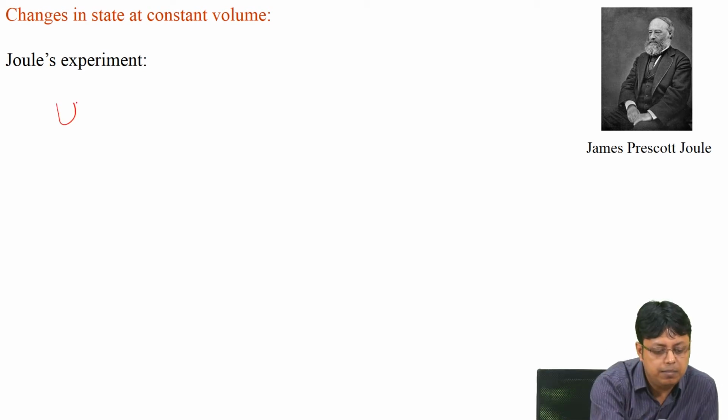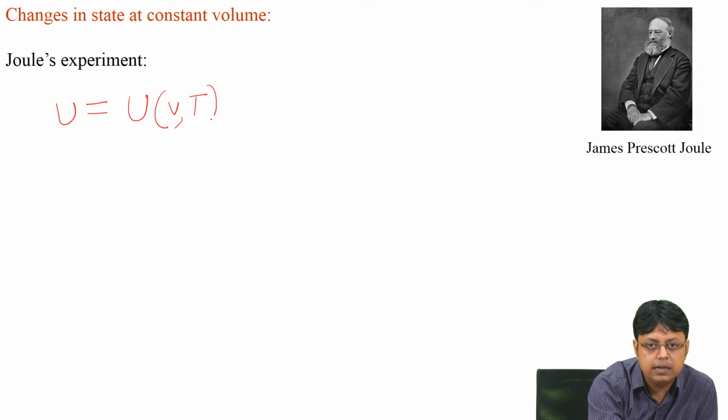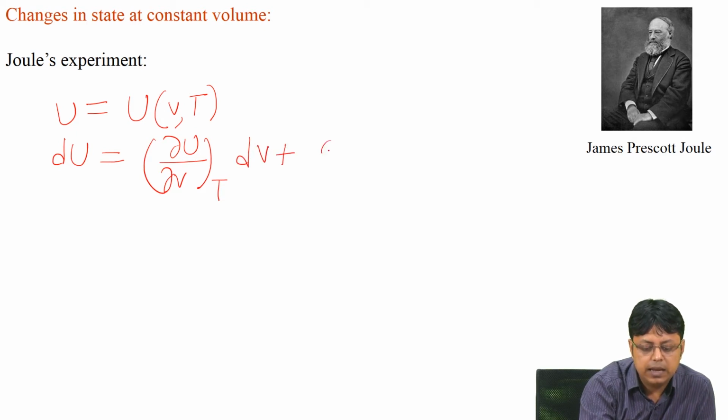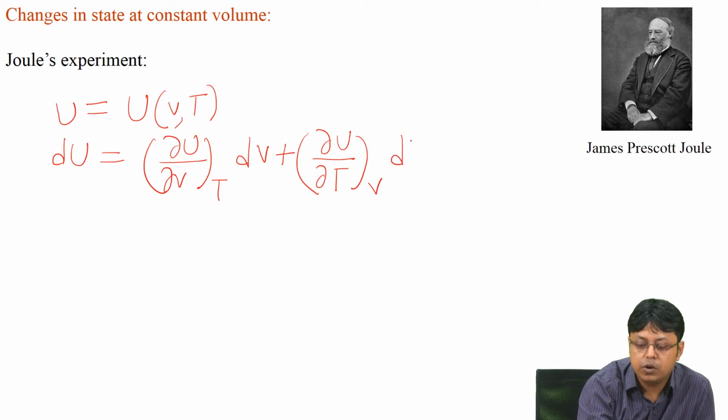For that, mathematically we can write the internal energy as a function of volume and temperature. Which means the total differential dU can be written as a partial differential first with respect to volume, keeping the temperature constant, and then taking the partial differential with respect to temperature, keeping the volume constant.